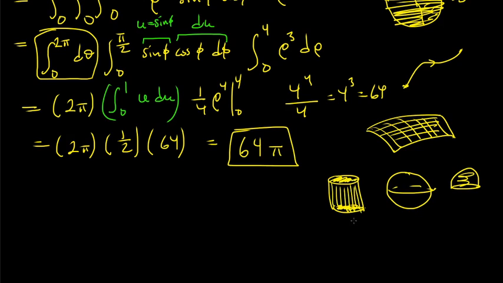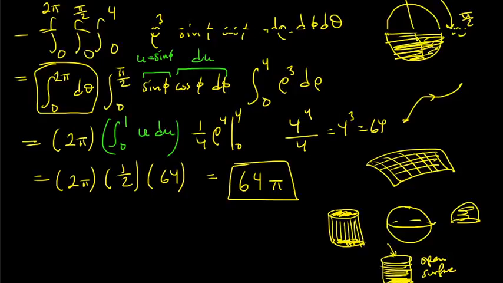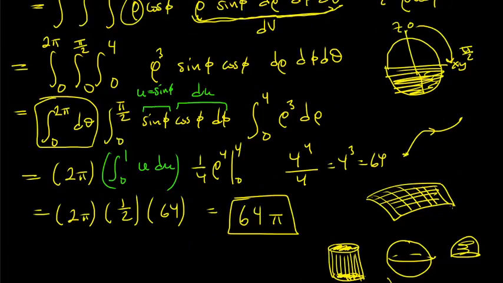But it depends. You can have a cylinder that's open. In other words, you just have the side and maybe the floor, the bottom of the cylinder, but if the top is open, if there's no lid on the cylinder, then it's an open surface, and you would not be able to use the divergence theorem.